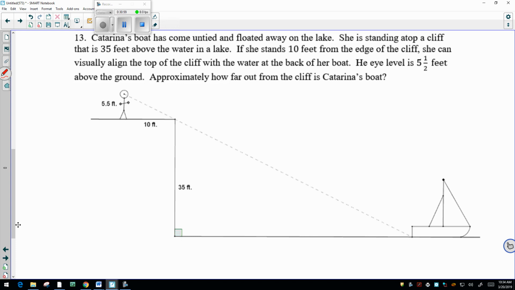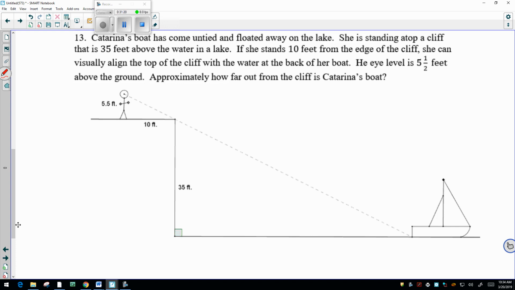And if she stands 10 feet from the edge of the cliff, she can visually align the top of the cliff with the water at the back of her boat, because that's what we do when our boat has left us. That's exactly what we do, okay? Her eye level is 5.5 feet above the ground.